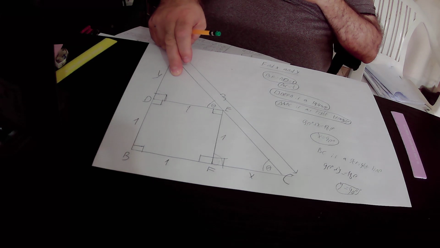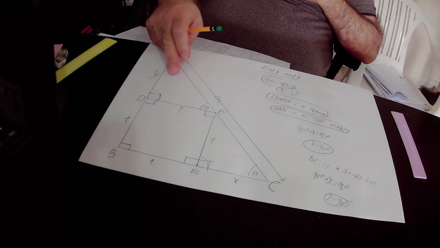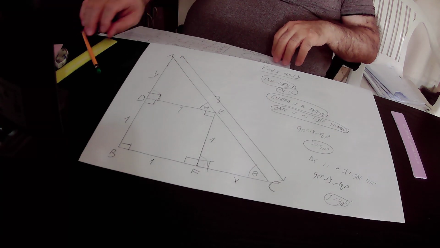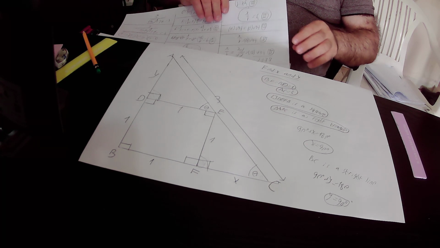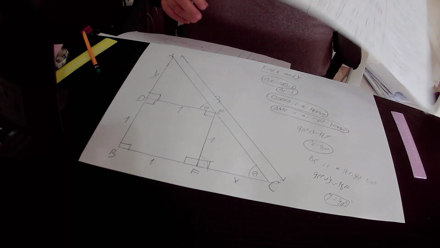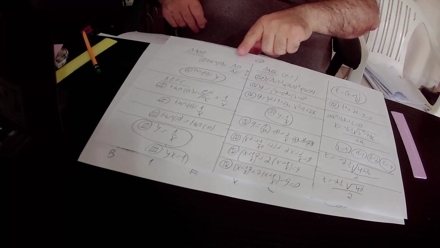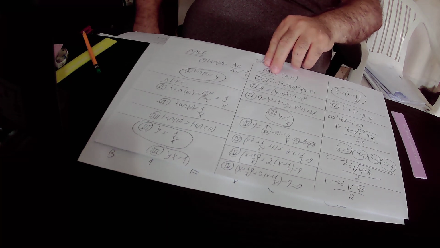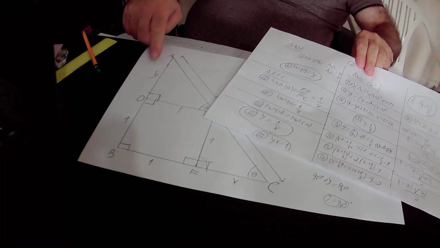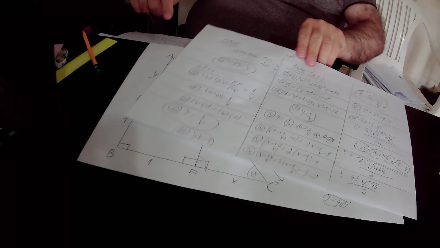In the right triangle, triangle ADE, we know that tangent theta equals AD over AE. But AD equals Y, and AE equals 1.